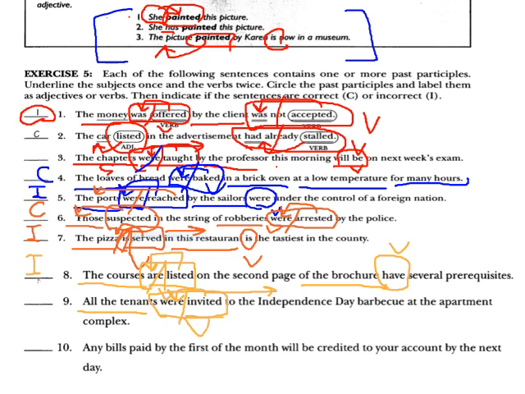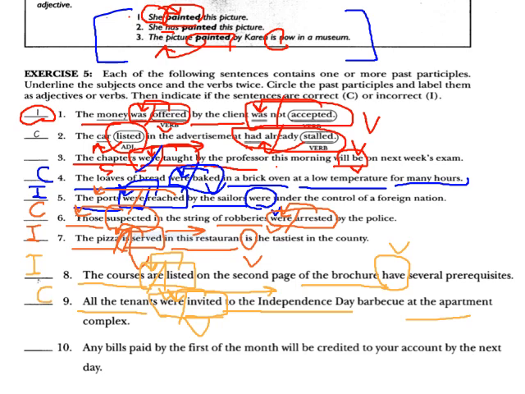So continue reading the sentence in order to see that it does not contain another verb, in order to consider it correct. Fine. To the Independence Day, this is a prepositional phrase. At the apartment complex, another prepositional phrase, so the sentence is correct.